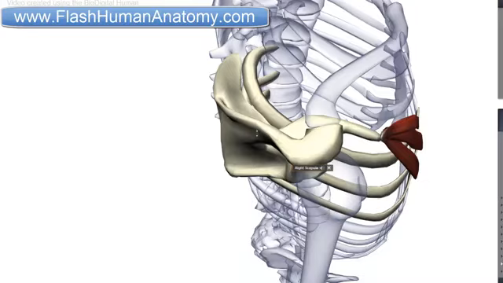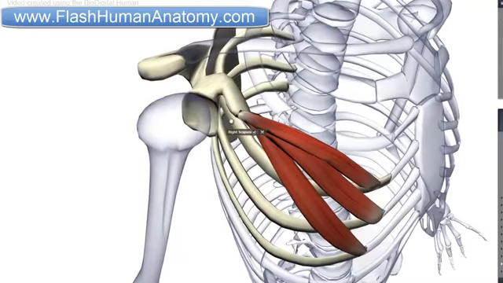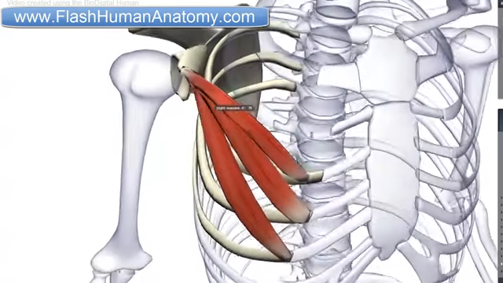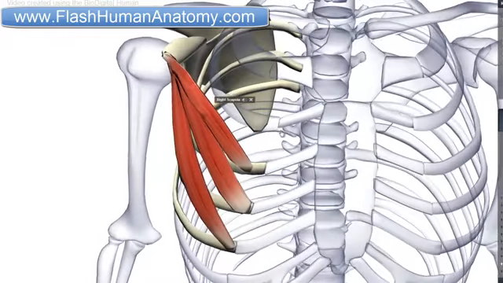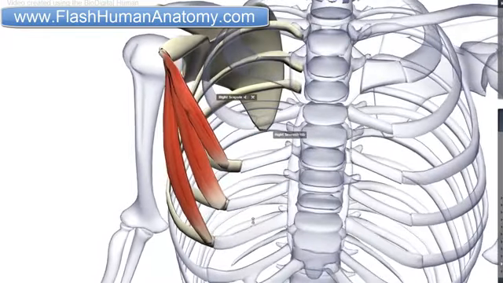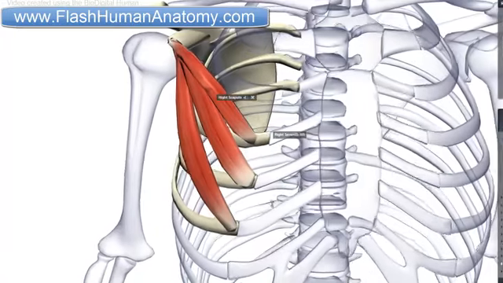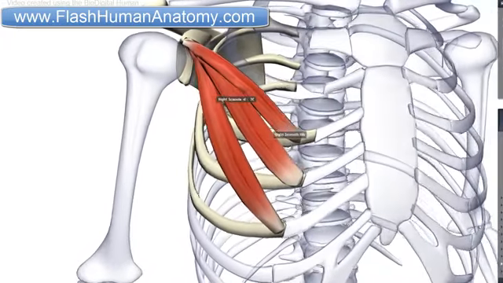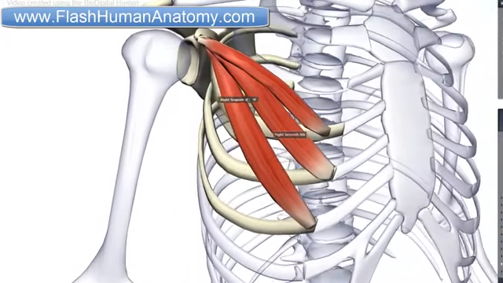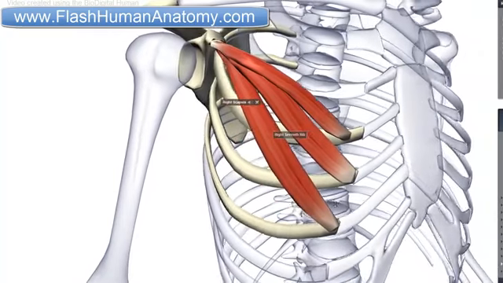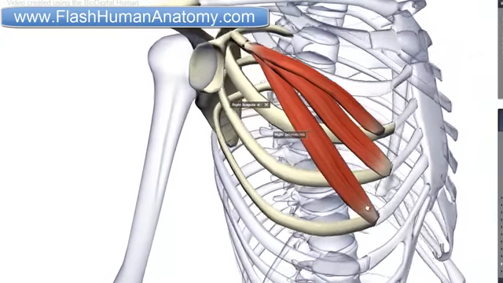So this is the scapula here, and this is where it attaches. This process here is the coracoid process. It is innervated by the medial pectoral nerve, C8 and T1. The function of this muscle is to stabilize the scapula by drawing it inferiorly and anteriorly against the thoracic wall.